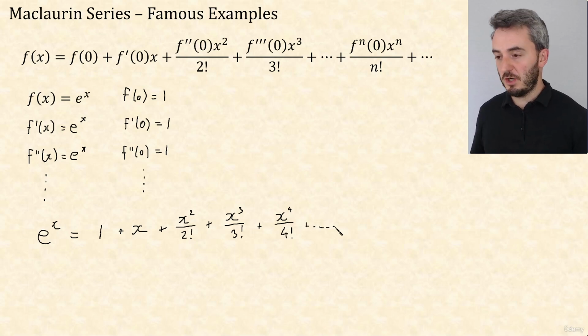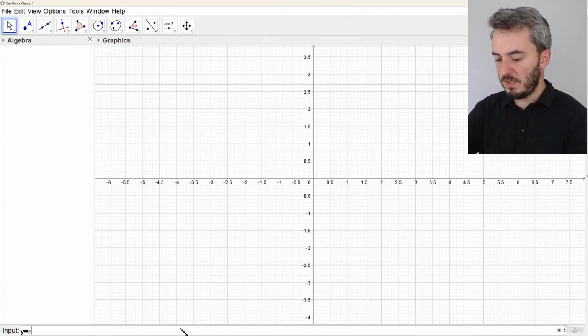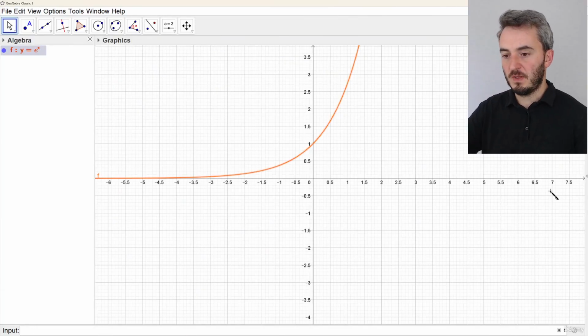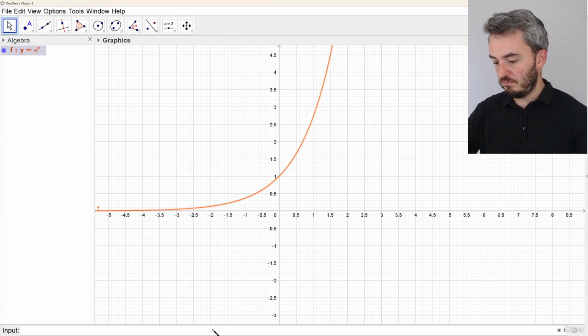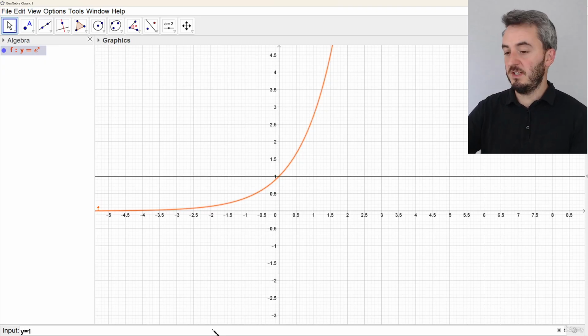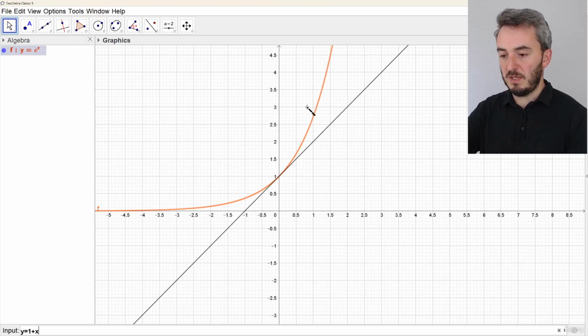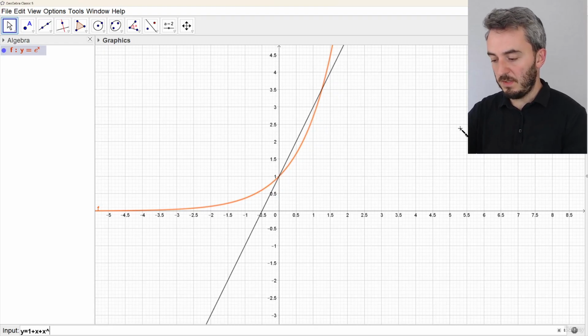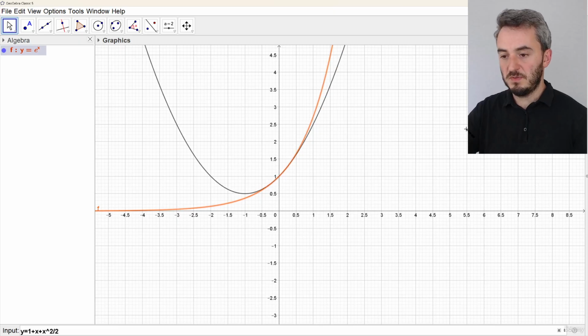Let's have a look at that in GeoGebra. So here's y equals e to the x. And then let's start looking at the polynomial. If I do y equals 1, well, that's correct, at least it gives the right y-intercept. Plus x, it's now got the right y-intercept and the right gradient. Plus x squared over 2, it's now got the right curvature as well.